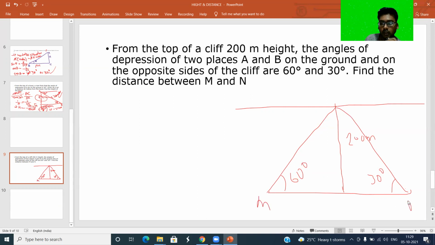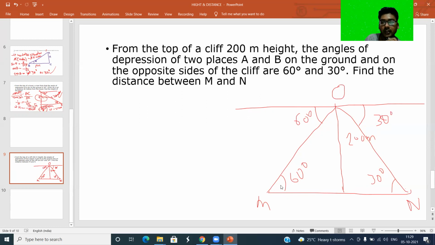M, N, O. Find the distance between M and N. We need to find MN. Why is it 60 degrees? It is the angle of depression. 60 degrees and 30 degrees.